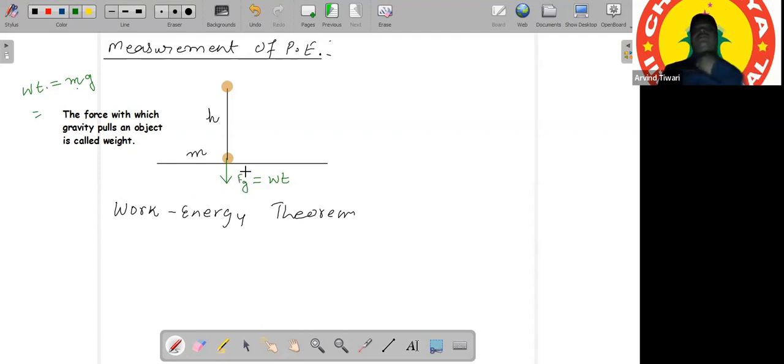Okay, so there is a force that is equal to the weight, which is mg, acting in the downward direction.